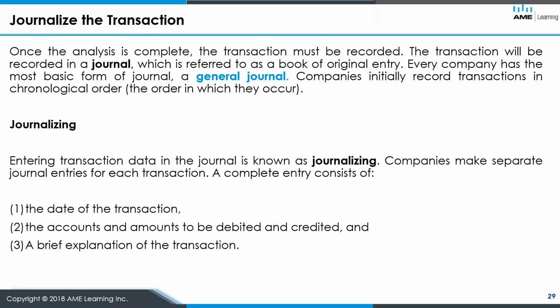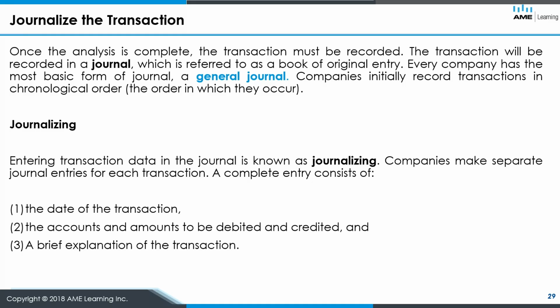Again, remember, it has to be at least two different debits and credits, and the totals have to balance. The amounts have to be equal. But it could be any number of debits or credits as well, as long as the amounts are equal. And what do we do with that information? So in the real world, we could sit there and think about it, and say, oh, we earned revenue from providing services and we were paid in cash. So we know that we need to debit cash and credit revenue.